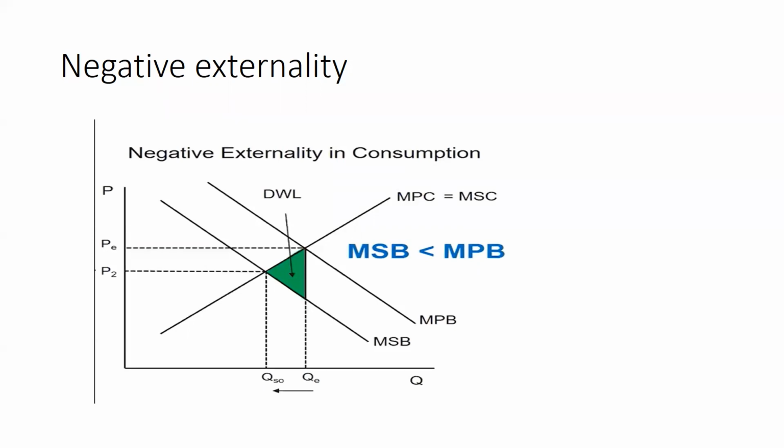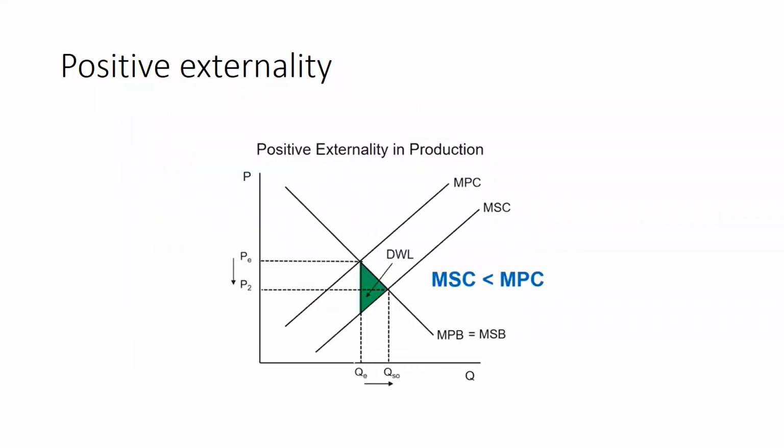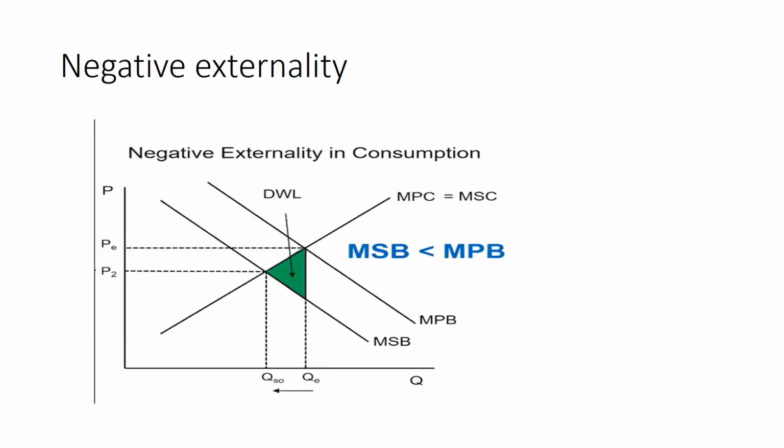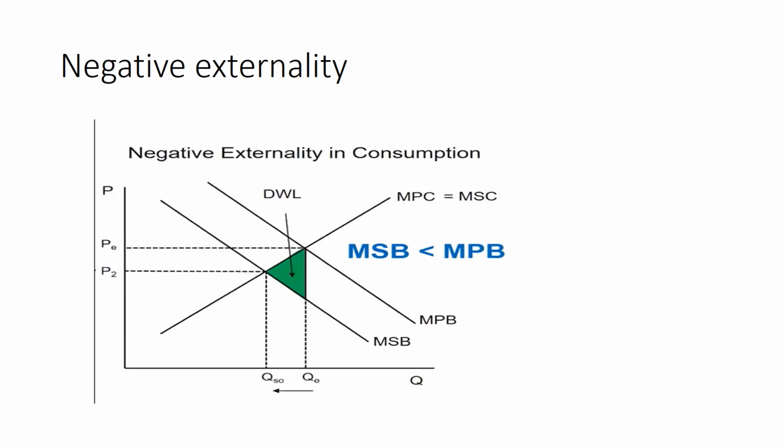Will we still tax even though the graph is flipped? You mean here? Yeah, for the negative externality, would you still tax to internalize it? Okay. So here, you're talking about this one, right? Yeah.